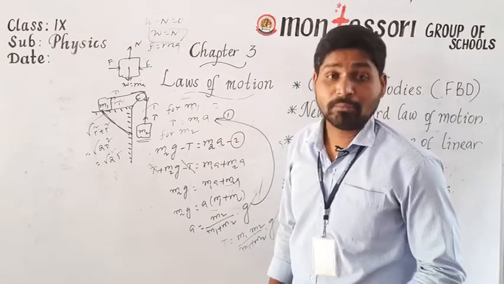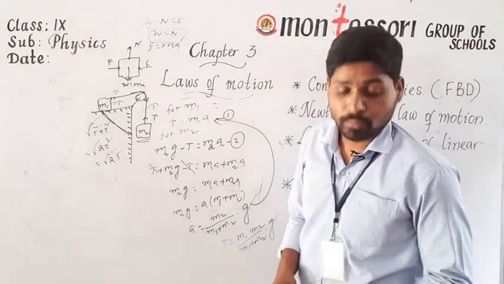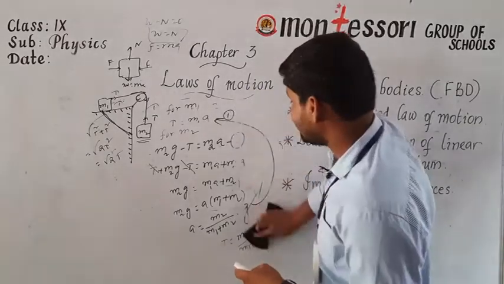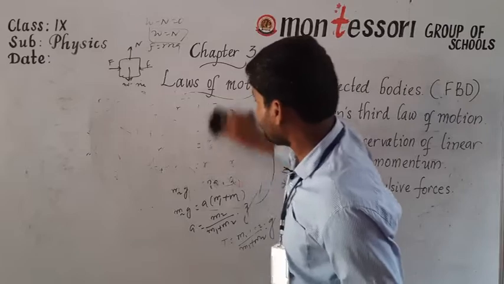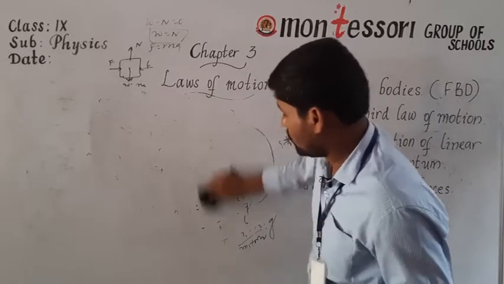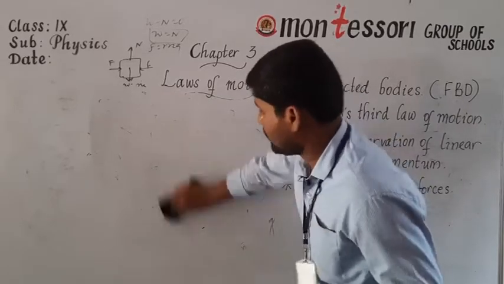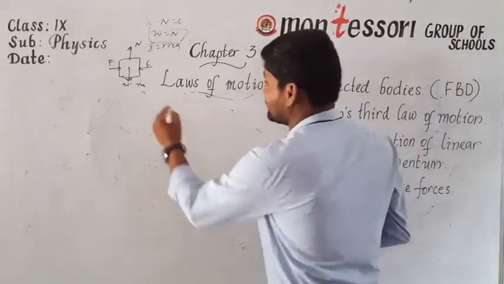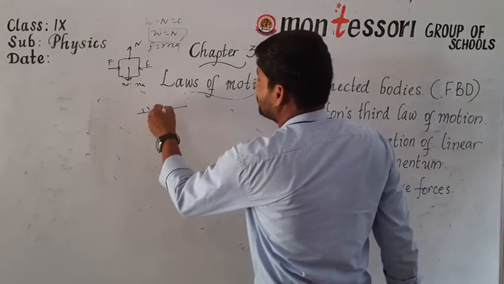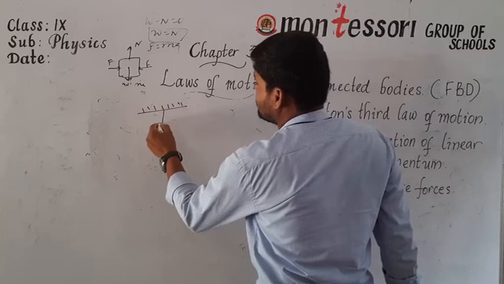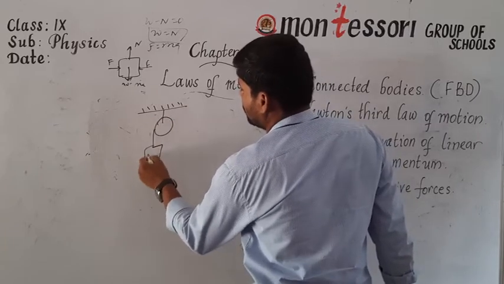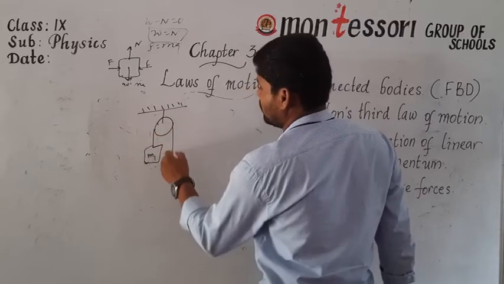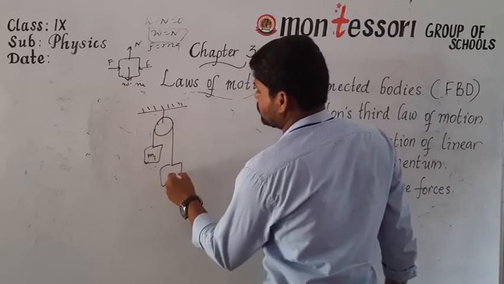This is one more connection of two bodies. The third connection is like this. If you connect two bodies with a support by using a pulley, here M1, here M2.